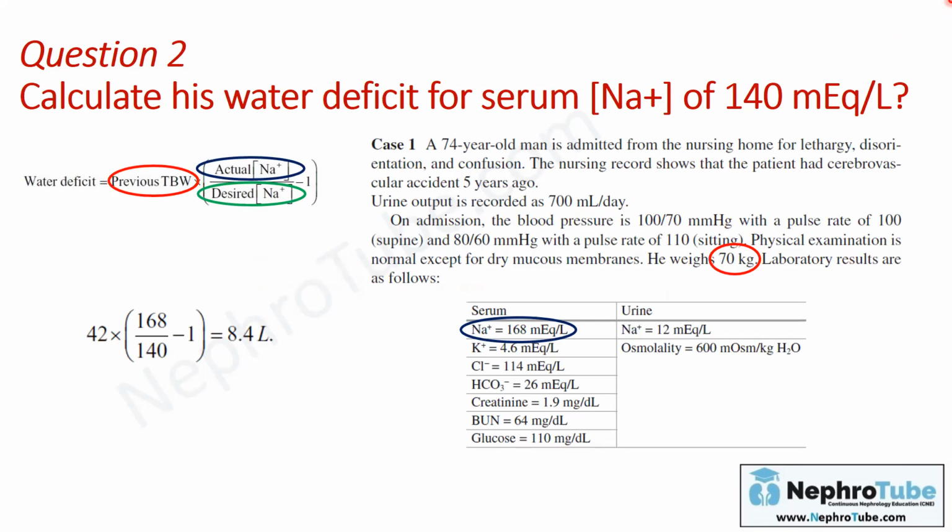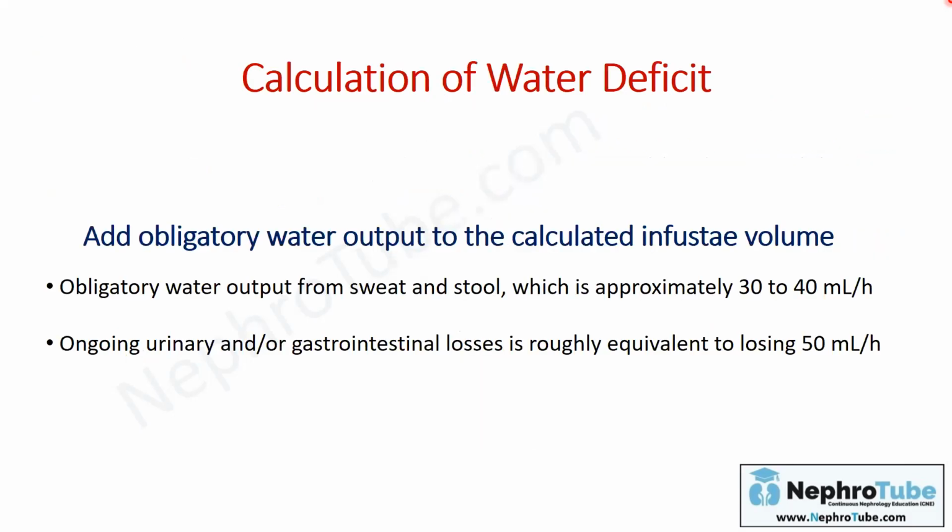So if we compensate in the equation, it will give 8.4 liter. So this patient needs 8.4 liter of water, okay, to correct his sodium from 168 milliequivalent per liter to 140 milliequivalent per liter.